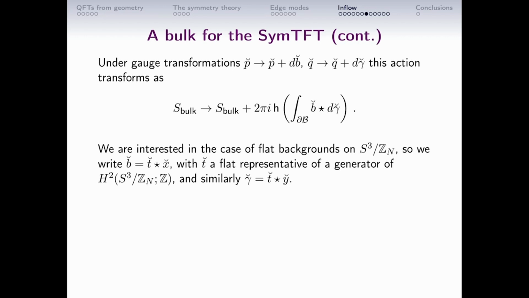Typically, what you need to do when you do one of these things is a KK reduction, right? All the modes. So you might as well do that, but because we are working in the limit in which this S3 is very small, all the KK tower is not going to be important for the topological theory in the IR. So I'm just going to keep the lowest level, which is the flat representative of the non-trivial cycles, non-trivial classes.